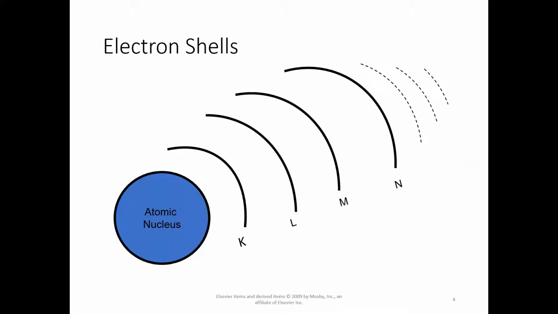Electrons reside in shells. These shells are given the letter designations of K, L, M, N, O, and so on. The closest shell to the nucleus of an atom is called the K shell. The K shell is special because it can never hold any more than 2 electrons.